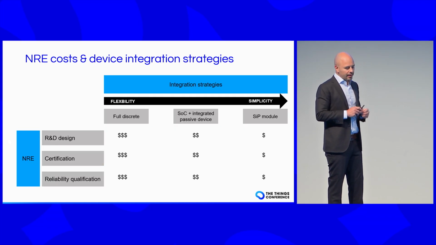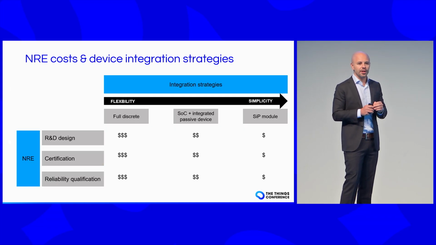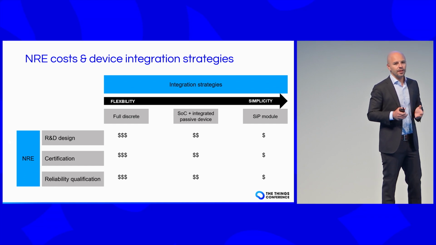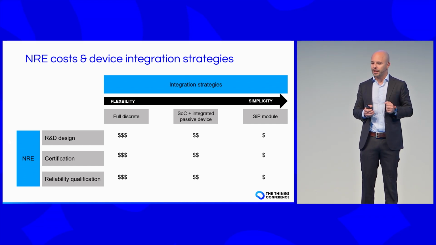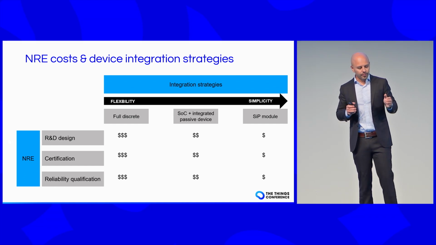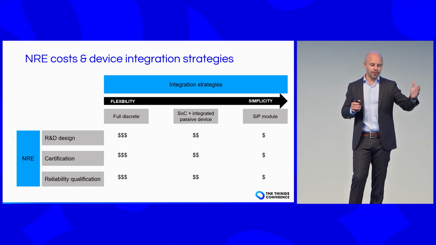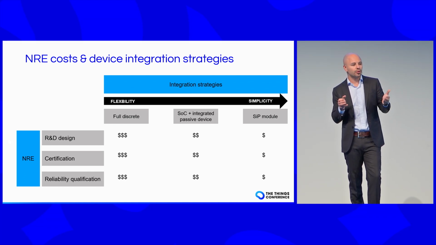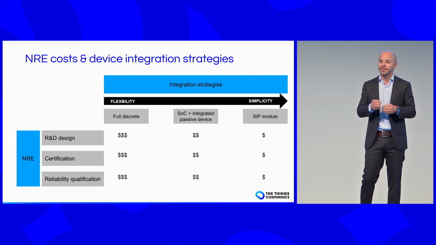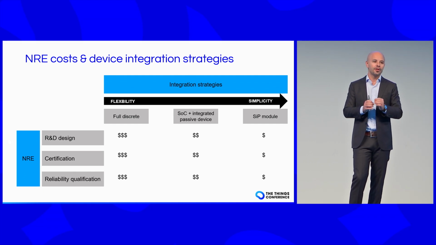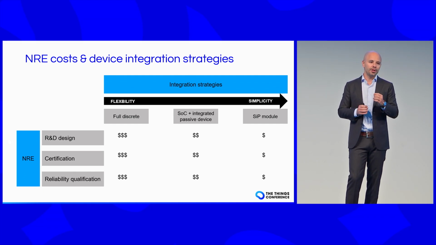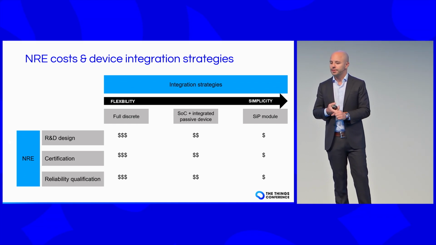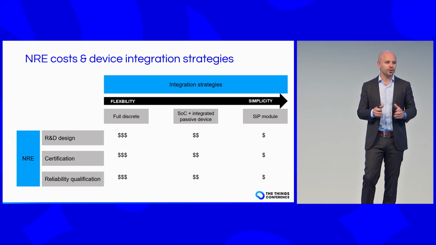Let's now look at the different device implementations and their impact on the different costs we have seen in the NRE. From the left side, we have the most flexible solution, which consists of using discrete components to implement the bill of materials. Here we need to fine-tune the impedance matching and all the filtering circuits in order to achieve the certification criteria.